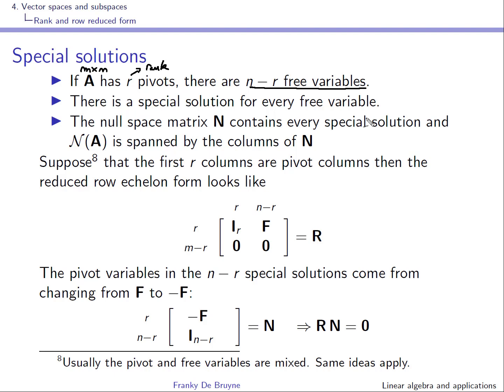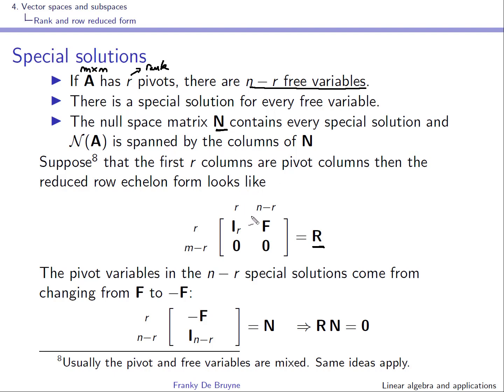So we could also stack these special solutions in a matrix, and we'll call N this matrix. In N, all special solution columns are stacked one next to the other. Okay, so suppose that we have found the row reduced echelon form, and for the sake of the argument, that the first R columns are pivot columns.